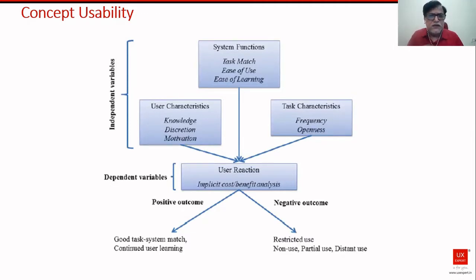Basically, every system, every product, when you define it, is divided into three major characteristics. One is the user. When you say user, that is a human who is using it, so obviously knowledge, discretion, and motivation will come in. Many times I'm not knowledgeable about the system. Take an example: I'm not a finance person.